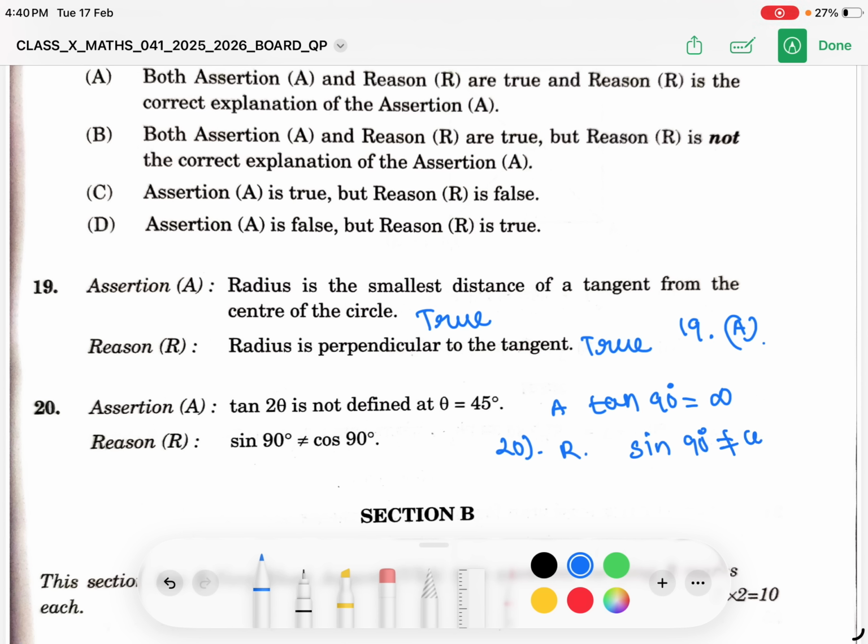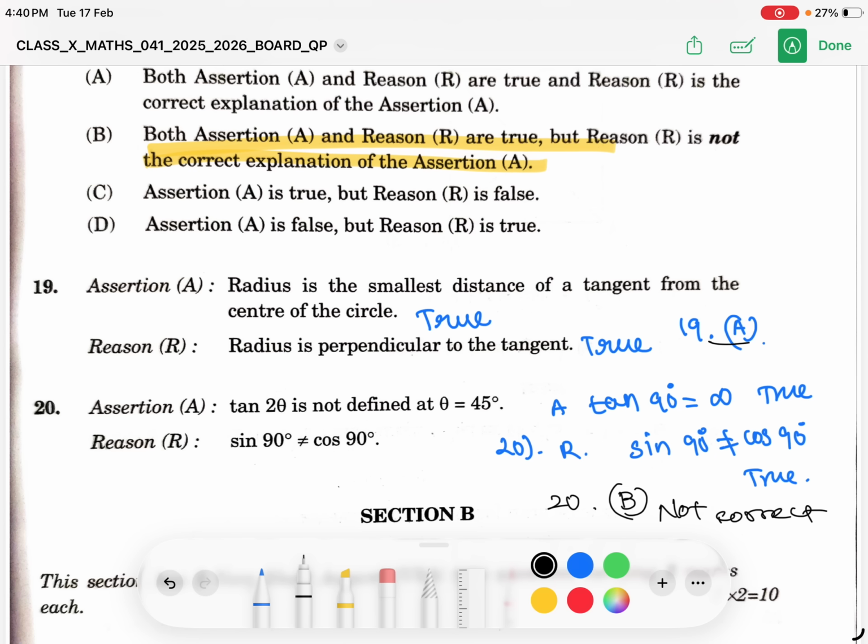But we have to check whether it is a correct explanation or not. It is not a correct explanation. So 20th question, answer B, not a correct explanation. But 19th question, option A, correct explanation.